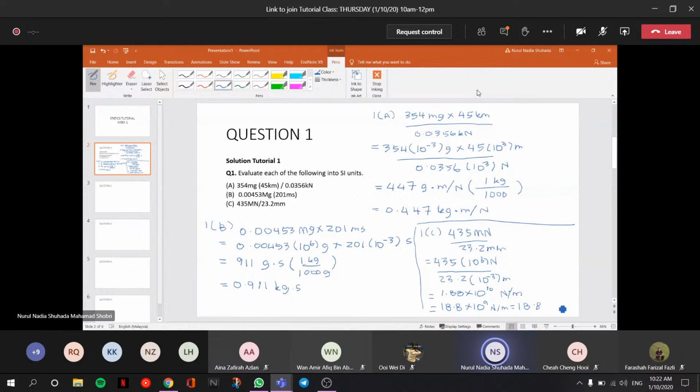Are you guys clear? So for 1C, you have to change the closest exponential form into prefix. In this case, 10 to the power of 9 equals giga. Are we clear with question number 1?